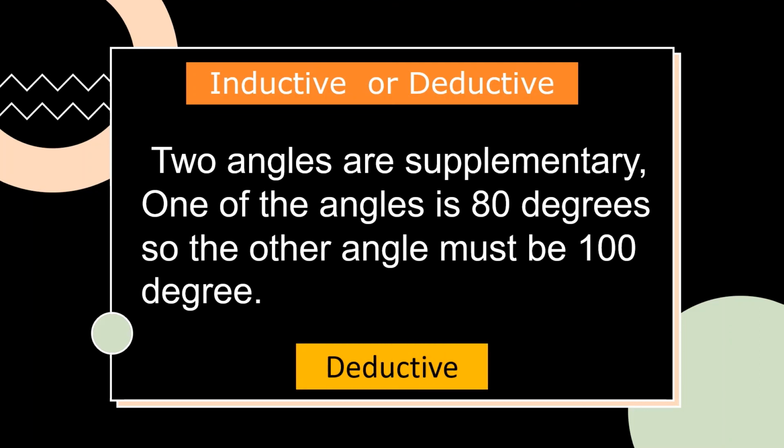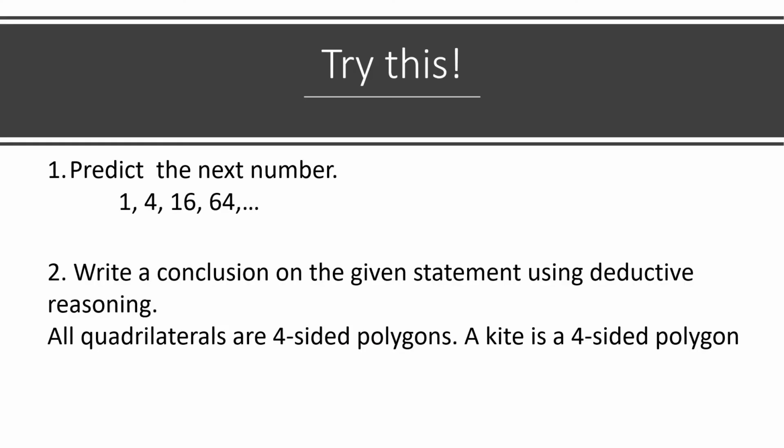Why? Nauna kasi yung ating definition. So, anong definition dyan? Two angles are supplementary at alam natin na kapag supplementary, the sum of their measures is 180 degrees. Well done! Well done, grade 8 learners!